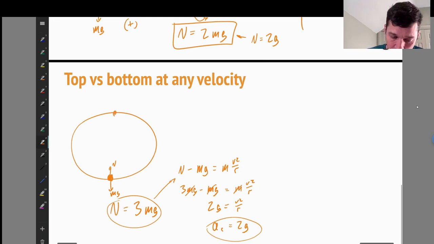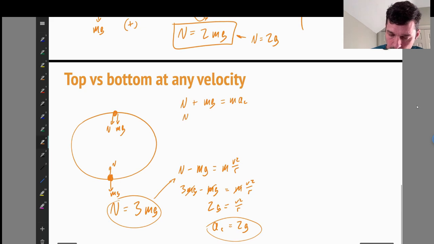So at the top, let's find out what the normal force will be on you at that point. Normal plus mg at the top equals mv squared over r, or mass times centripetal acceleration.